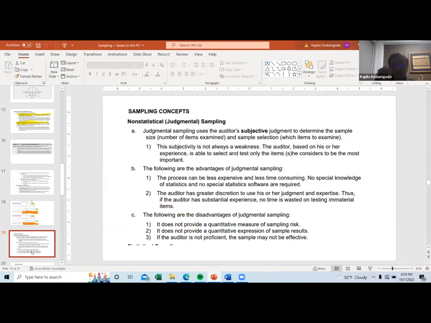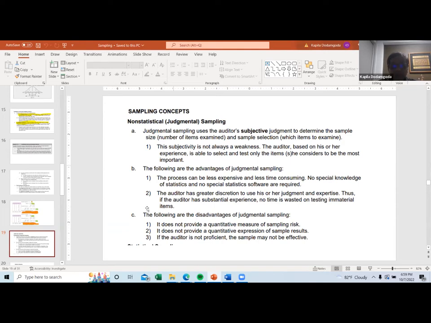So which items to choose and how many to choose, if it is based on a statistical concept, we call that a statistical sample. But if it is not based on a statistical concept, but purely on the judgment of the person who is taking the sample, we will call it a judgmental sample. So conceptually, there is a difference between statistical sampling and judgmental sampling. Okay. So this is what it means.